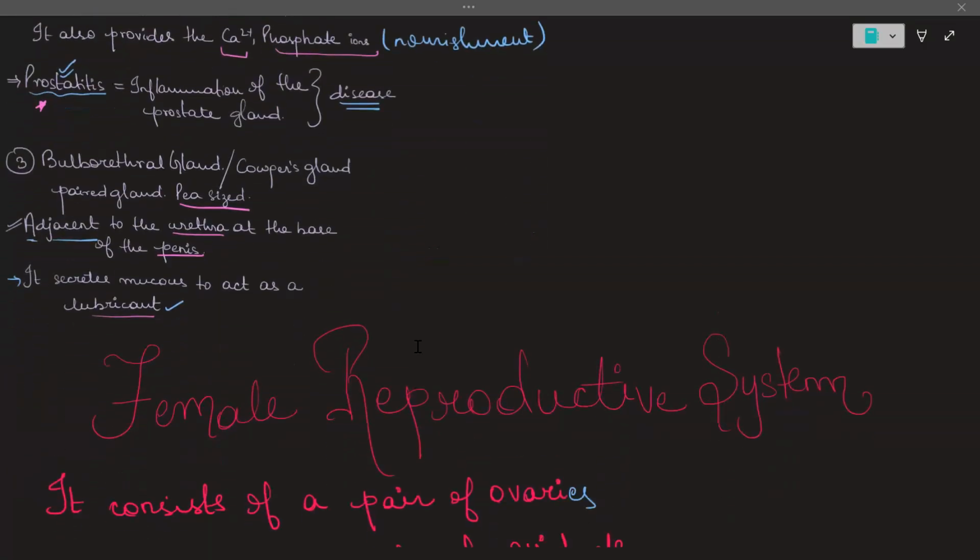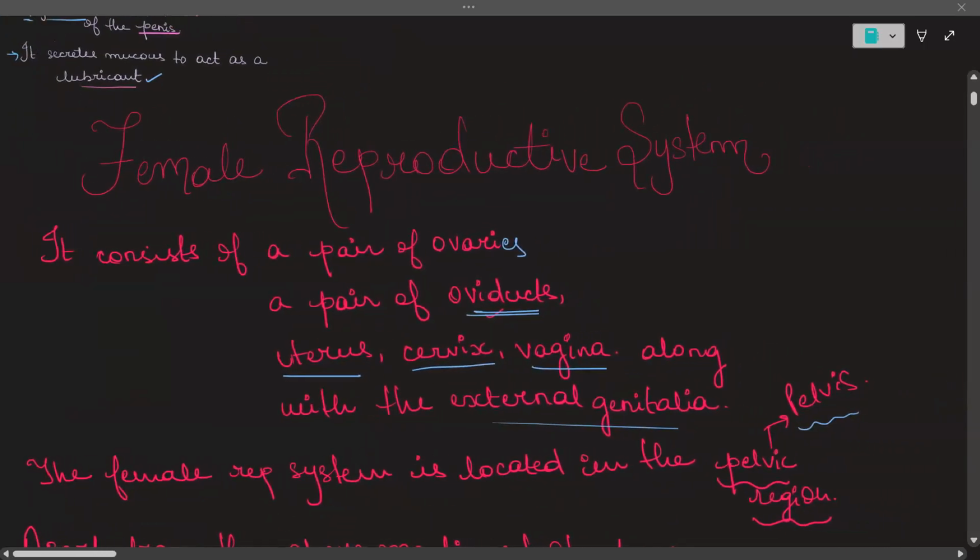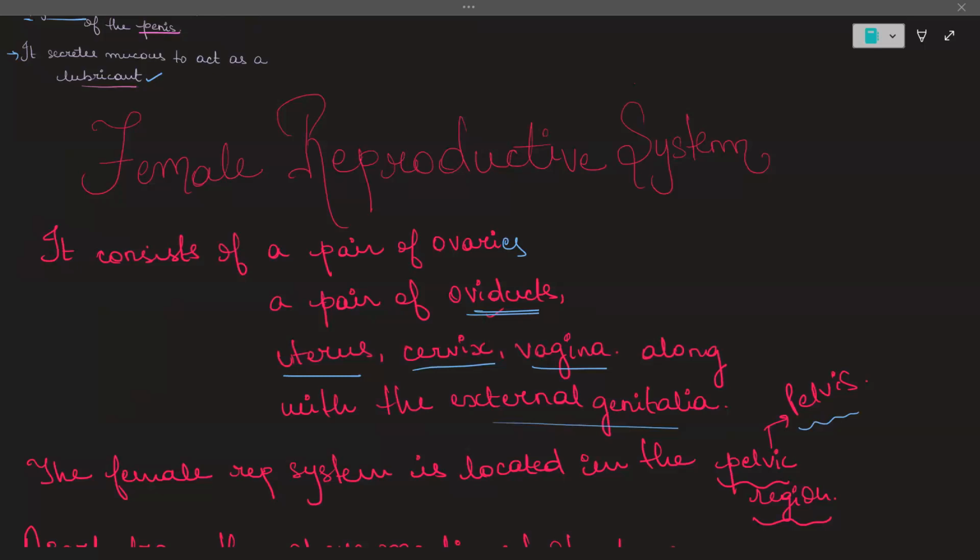Okay, now we'll start with the female reproductive system. Just like the male reproductive system, it also has a pair of gonads, that is the ovaries, right?